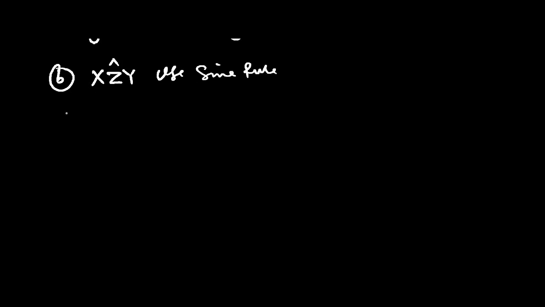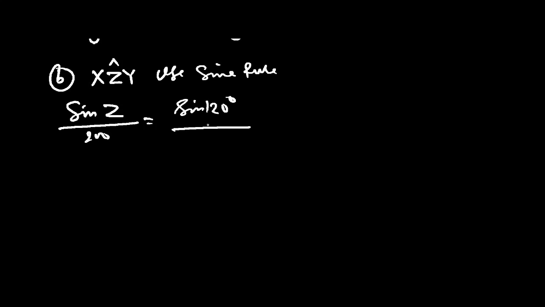And that will make us have the sine of Z divided by 200, which is the small z, equal to sine of 120 degree all over y, which is 249.8. Are you getting this now?